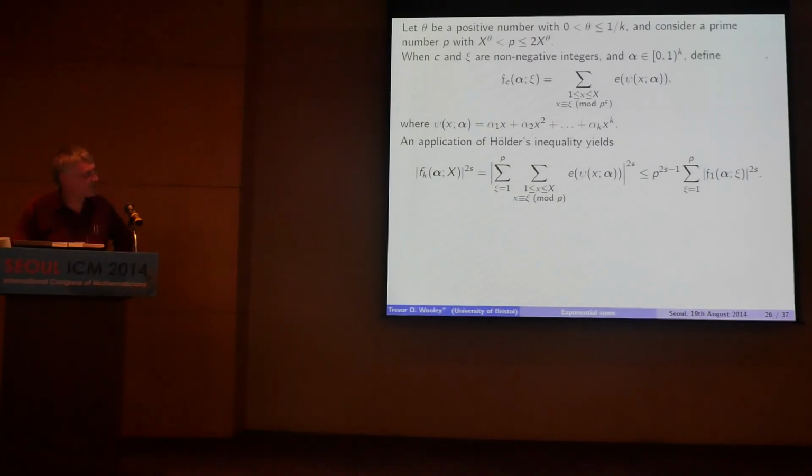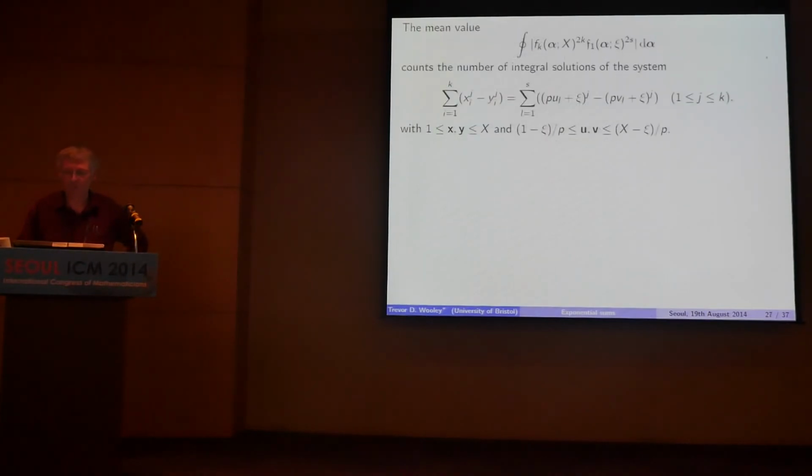I can use Hölder's inequality to bound the 2s power of the original exponential sum in terms of what goes on in an arithmetic progression mod p. And rather than estimating a 2s moment, I'll estimate a 2s plus 2k moment. So I perform this operation with 2s variables and leave some alone. Not to worry about that.